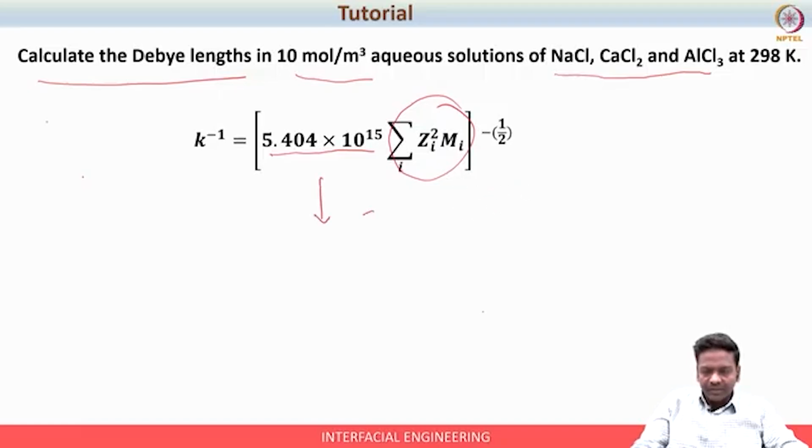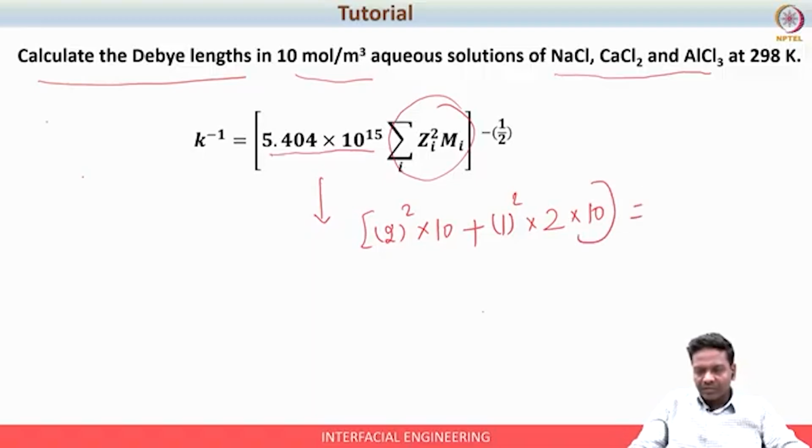When you expand this, the valence of calcium is 2, so that is 2 square multiplied by Mi, which is 10 moles per meter cube, plus the valence of chlorine is 1 square, but remember we have 2 chlorine atoms here, so you have to multiply with 2, and the molarity is 10 moles per meter cube. So if I sum this, I will get 40 plus 20, that is 60.